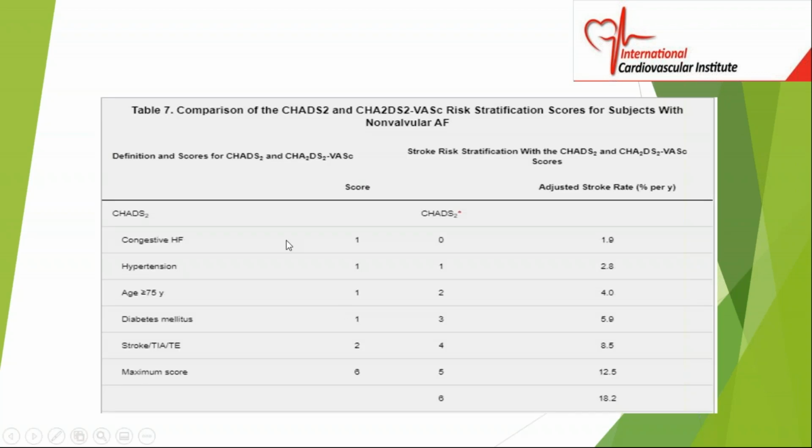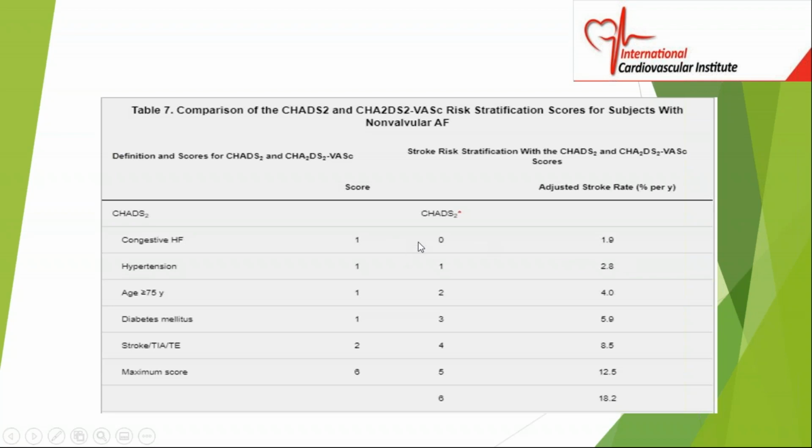So this is your CHA2DS2-VASc score. This is a whole scoring system. So you can see when you have a CHADS2 score of 0, your risk of stroke is not 0. Okay, the adjusted stroke risk is 1.9.